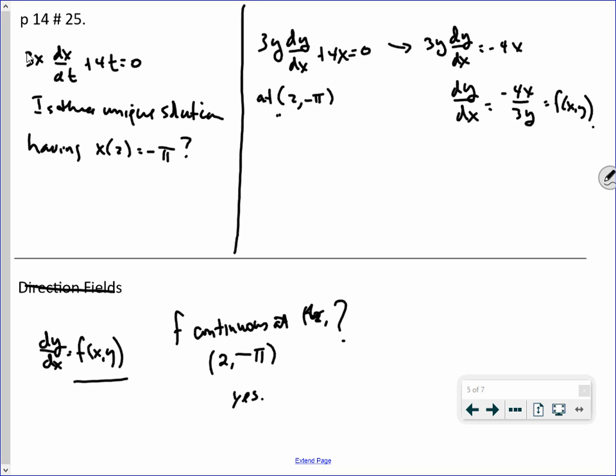Now we also need to know about the partial of f with respect to y. So what's the partial? If we take the derivative of this thing with respect to y, that just means, as far as we're concerned, x is a constant. The only variable there is y.